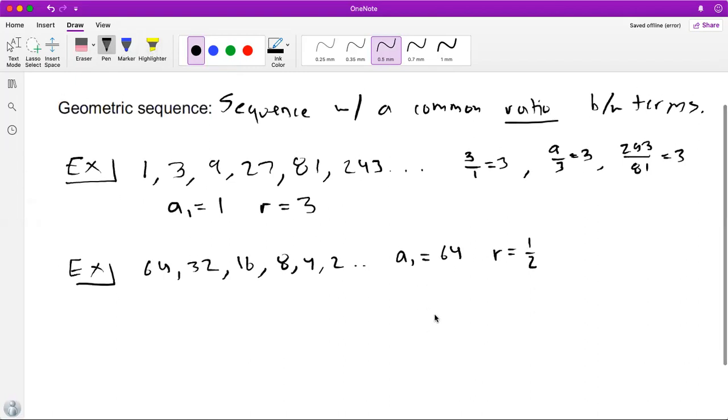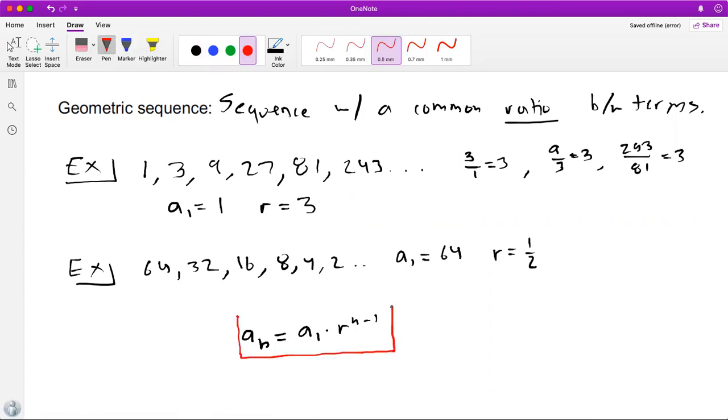And the nth term formula for a geometric sequence is the first term times the ratio to the n minus first. This is like the formula we saw on the previous page. This is the formula for the nth term of the geometric sequence. I could write that for the first example.